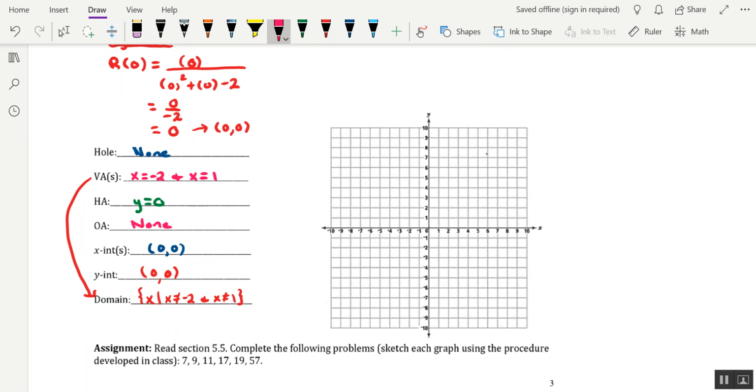Now what we'll do is transfer this as best as we can into the coordinate plane. So there's one vertical asymptote, which we're going to sketch in as a vertical dashed line crossing the x-axis at -2. And there's a vertical asymptote crossing the x-axis at +1.